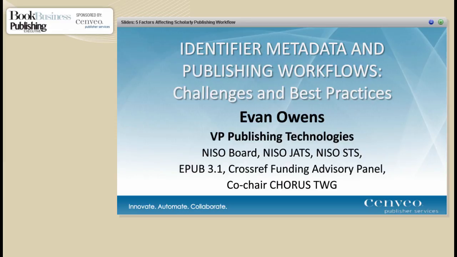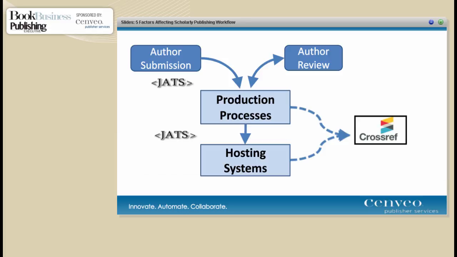So for this discussion at a high level, the pieces of a journal publishing workflow include author submission and peer review, production tasks, which could include text conversion and cleanup, copy editing, typesetting, XML full text creation, the author proof review, and the delivery of the finalized content and metadata for online publication and registration with Crossref. And all of these pieces are likely to be impacted by metadata workflow implementations.